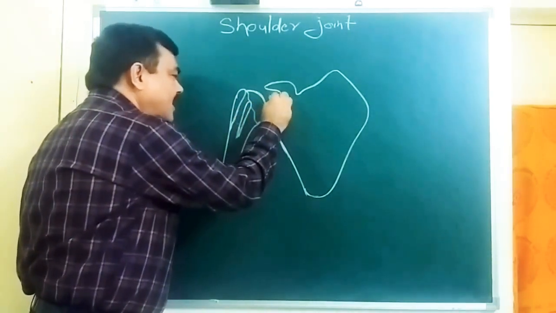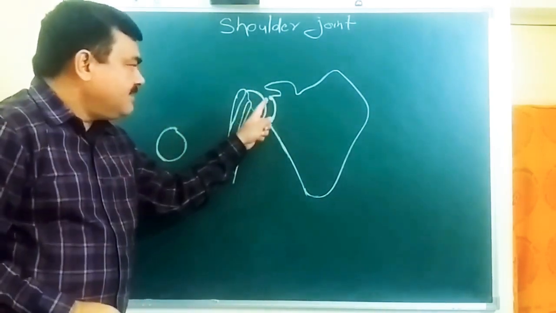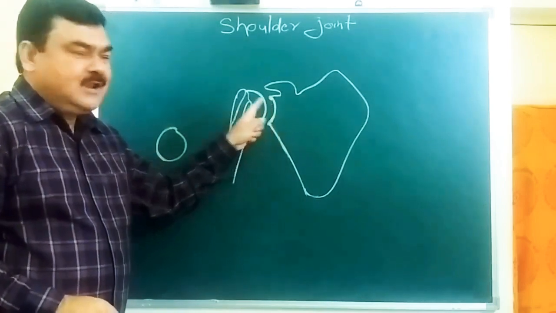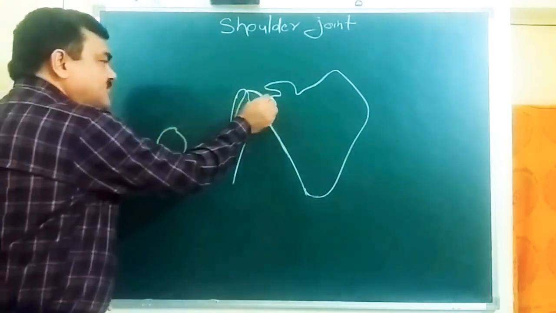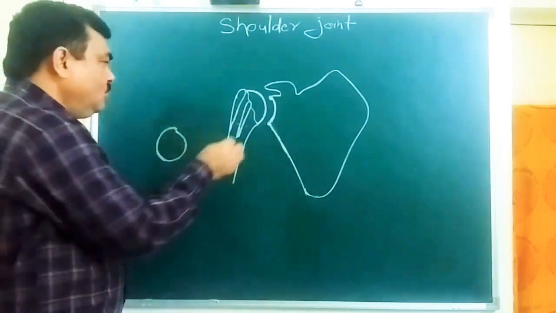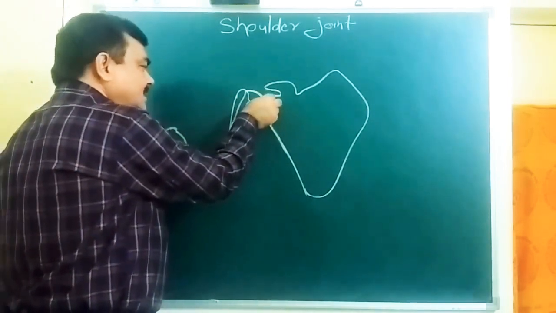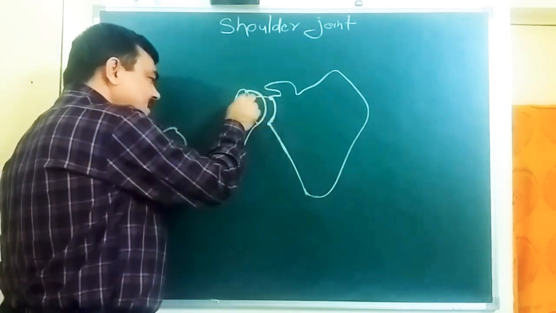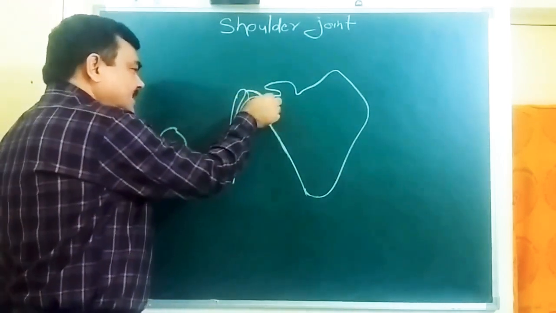This is supraglenoid tubercle, just above the glenoid cavity. And this tubercle gives attachment to the long head of the biceps brachii. Here the long head of the biceps is attached.